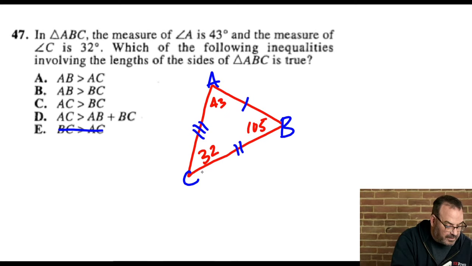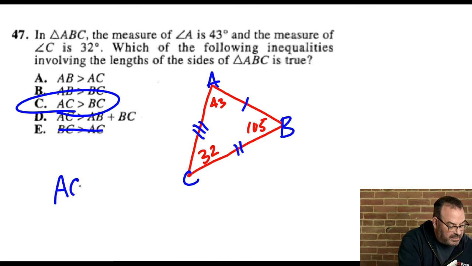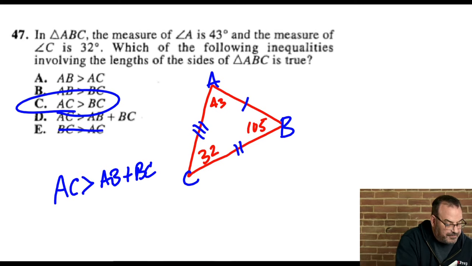AC has to be greater than CB. Which of the following is true? AC is greater than BC. What they show here is AC is greater than AB plus BC. That's the other way around. This is actually AB plus BC must be greater than AC.